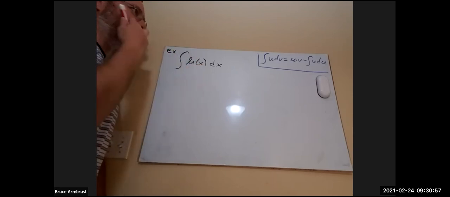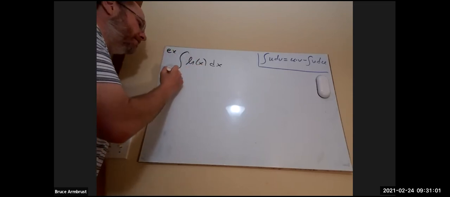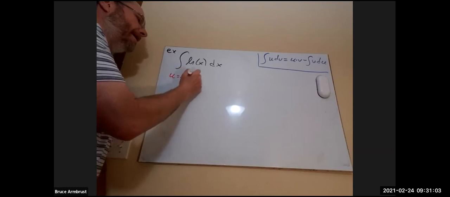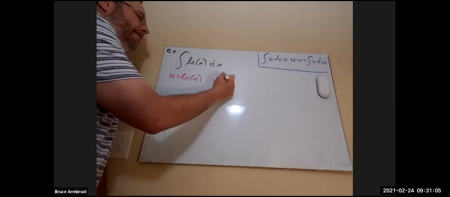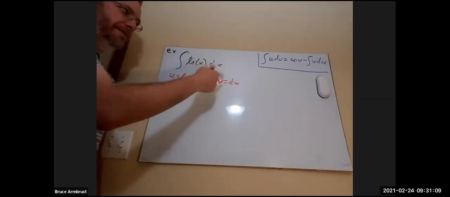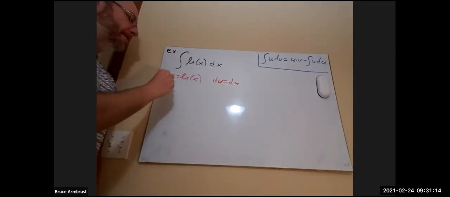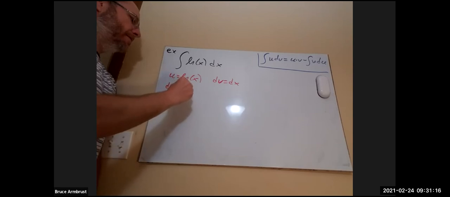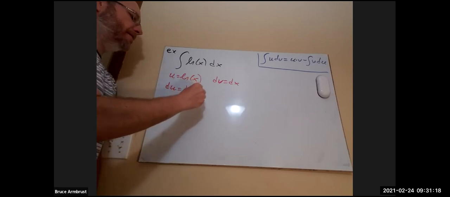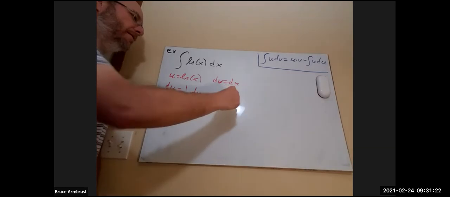I either put that natural log in my u or my dv. And obviously putting it as a dv is a bad idea, because then I'm just having to integrate the same thing to find my v. So watch what happens here. du is 1 over x, and then v is equal to x.